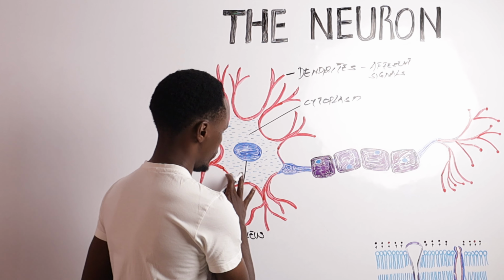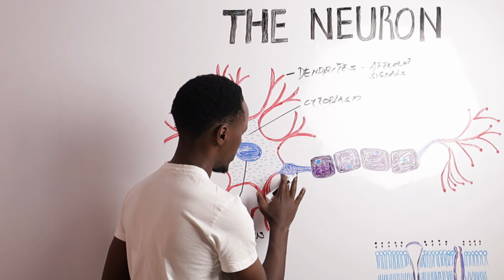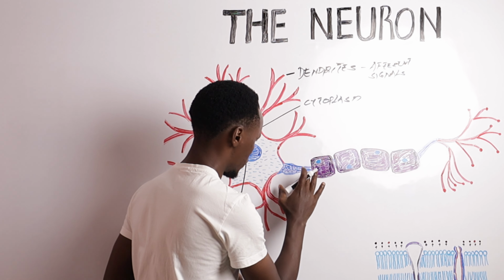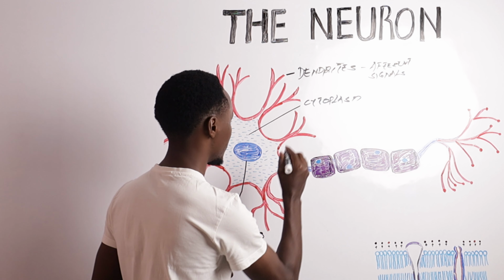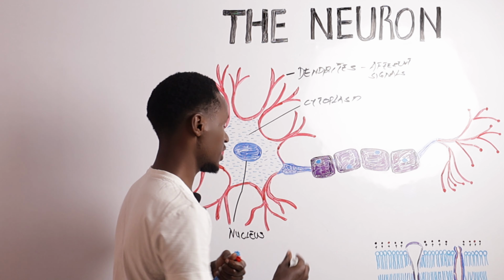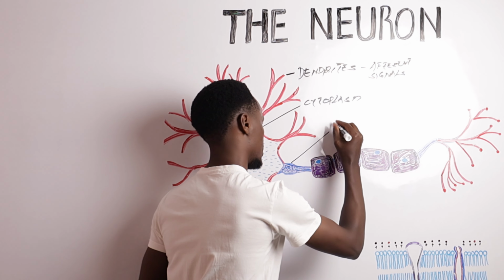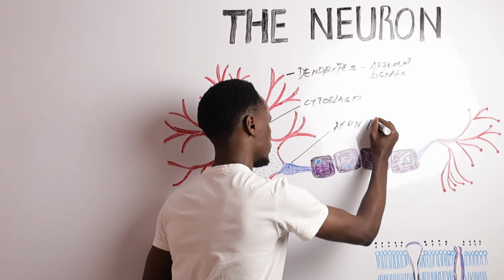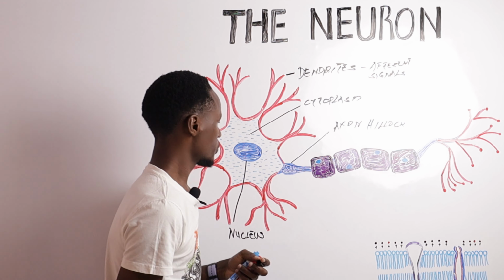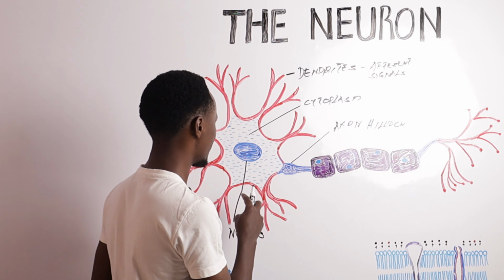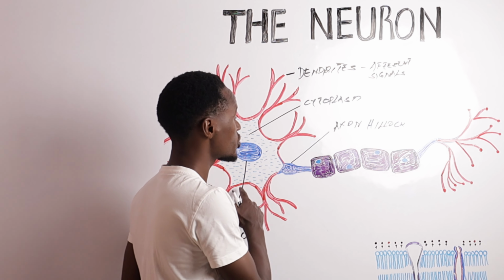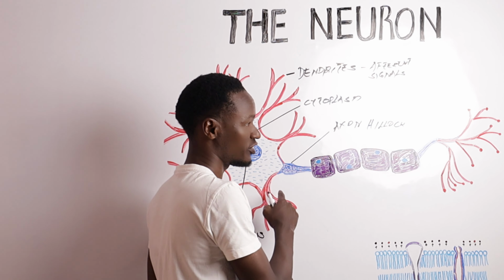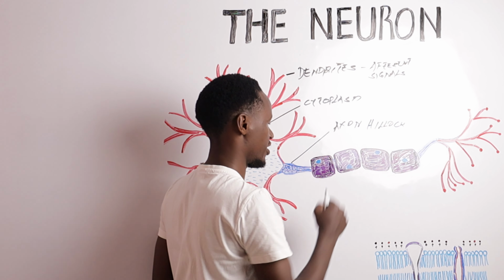If you proceed further here, you'll see this structure that looks like a small hill. That one is called the axon hillock because it looks like a hill. Once information gets to the cell body, it has to proceed from one part of the body to the other.